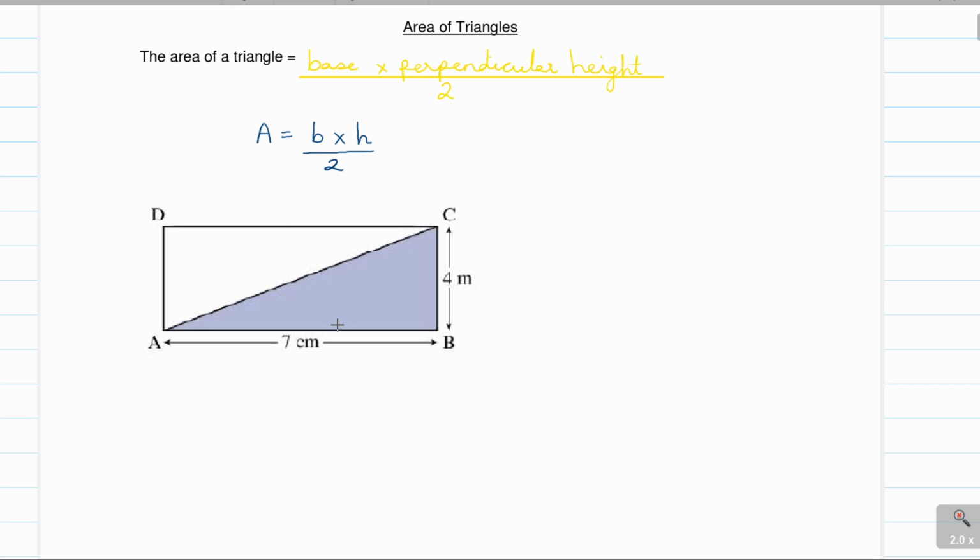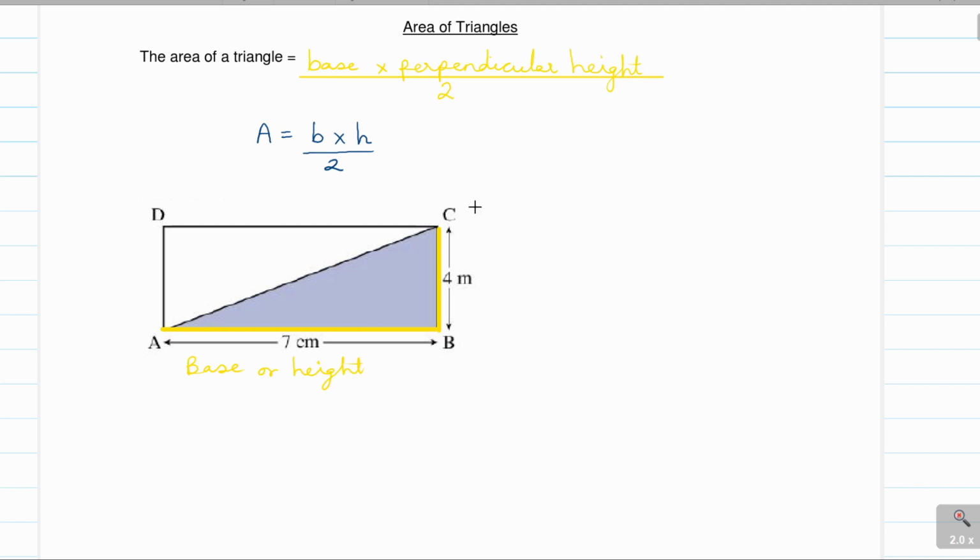Let's look at this example here, and we'll see why it is divided by 2. Now, I could use this length here, AB, or I could use BC to be my base or my height. So here could be my base or my height.